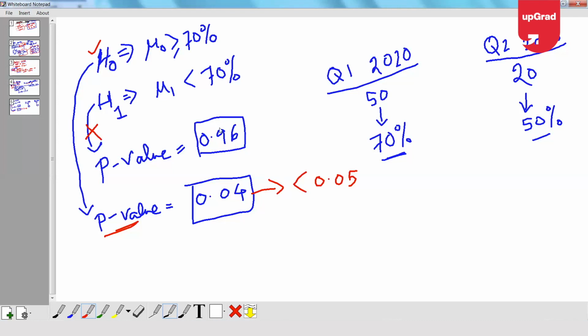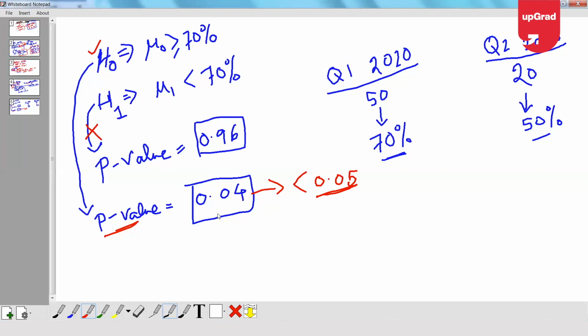So now we have got a p-value of 0.96 and 0.04. Now this 0.04 is less than my threshold, which is 0.05. This threshold, we always consider as 0.05 until and unless specified. Where do we specify? Say, for example, in healthcare, for very sensitive tests, probably they want this to be, say, 0.001 because there's high chances, right?